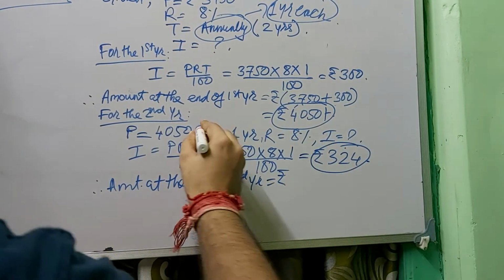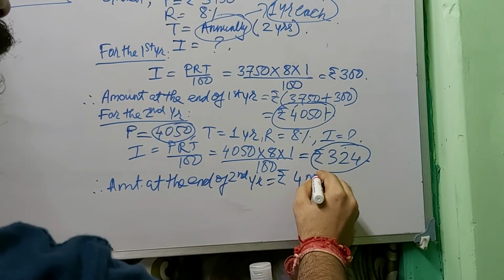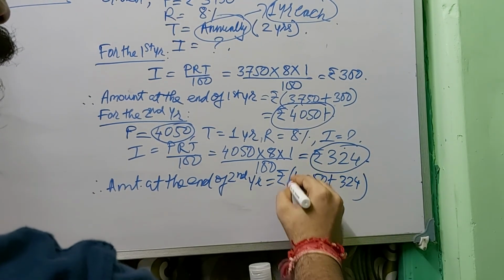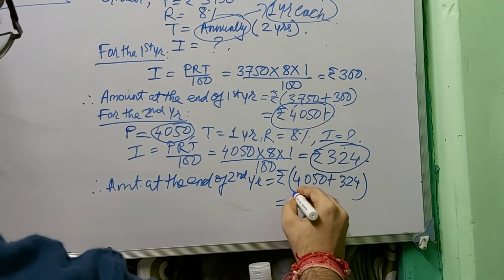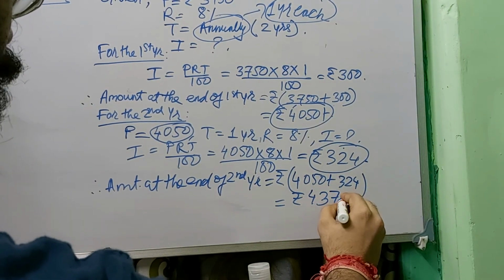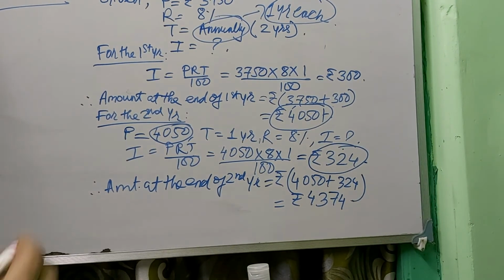Now the amount at the end of the second year will be 4050 plus 324, which is 4374. And now what will be the amount of interest?